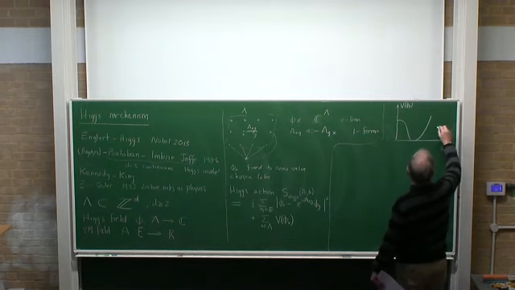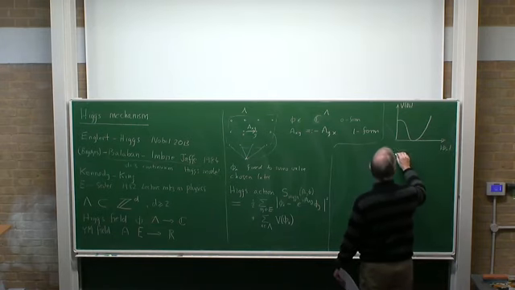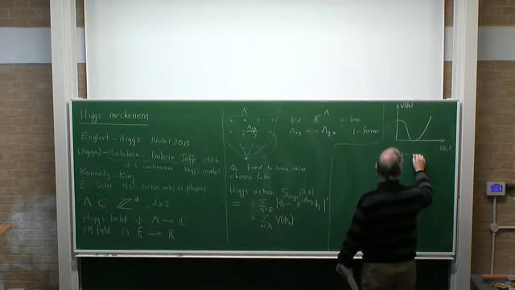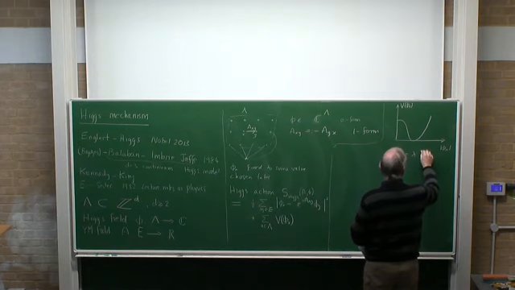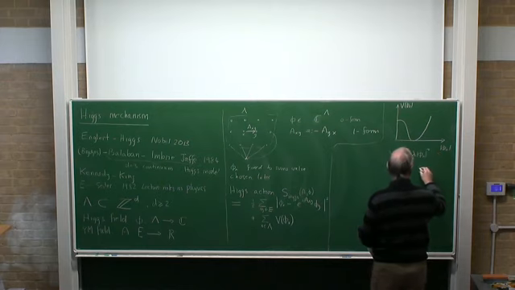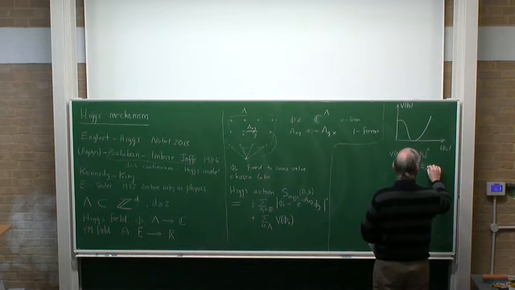And the actual choice that I want to make is that V of phi of x is lambda times the absolute value, or complex modulus, of phi x to the fourth, minus 1/4 mu squared times the modulus of phi x squared. And then there's a constant.